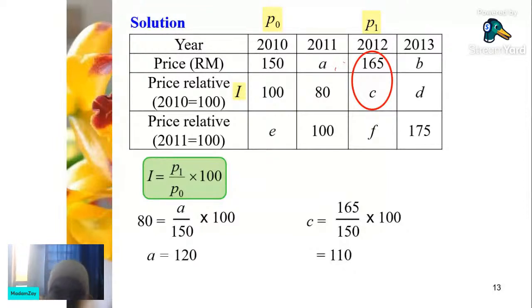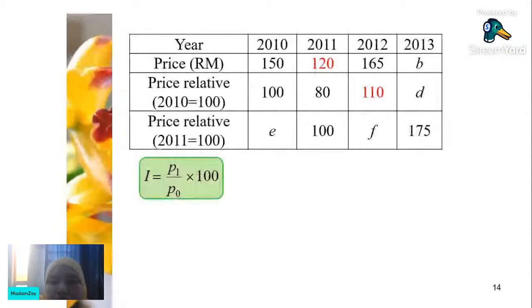Then the next is B. B is the price in 2013. If we take 2010 as the base, D is the index. So D is equal to B over the price in 2010, which is 150, multiplied by 100.